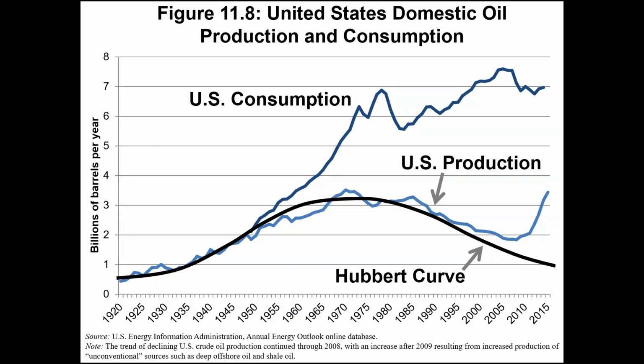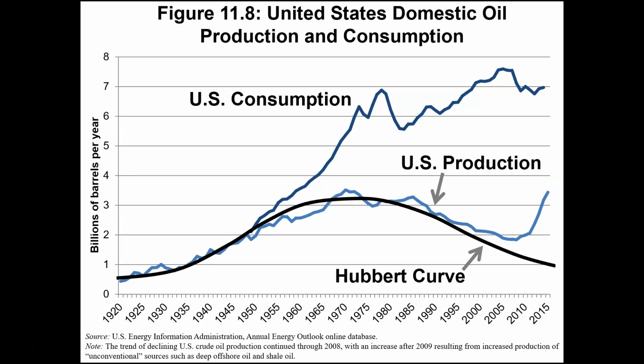So then the book, this chapter shifts to talk about some specific types of energy. First, it talks about oil. This is an interesting graph that shows the Hubbert curve, a theoretical prediction of what oil production would look like over a lifetime of oil reserves.